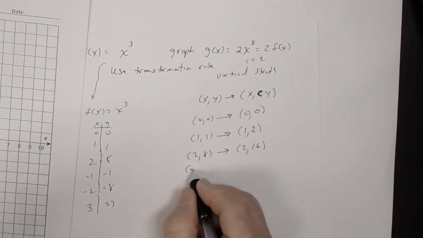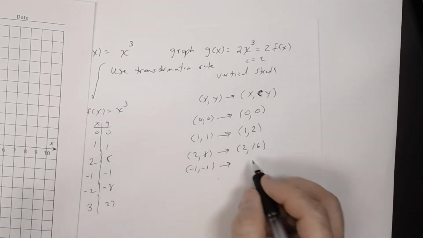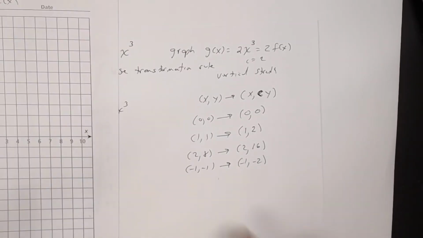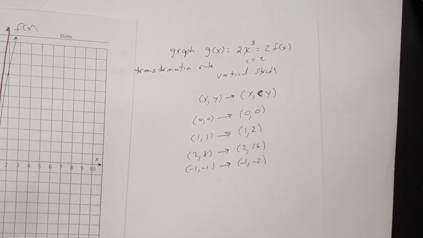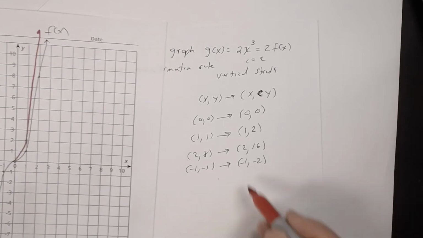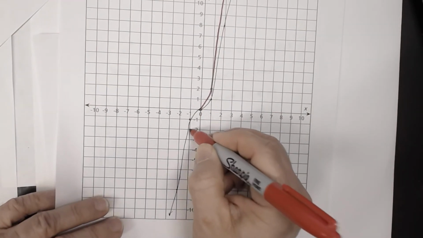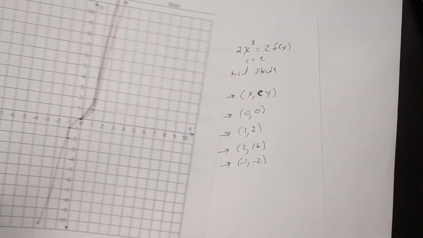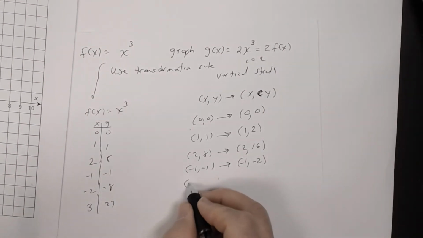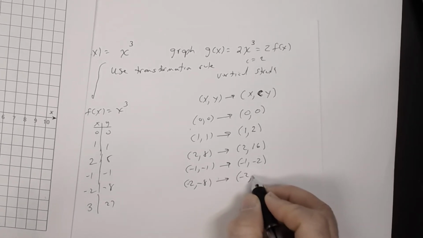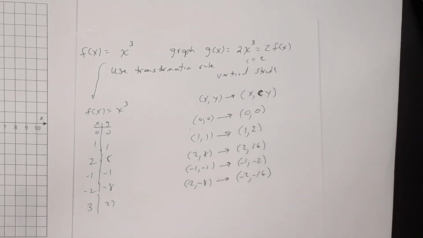And over here, if I do the next one, the point -1, -1 becomes what point? Well, it becomes the point -1, -2. So I multiply the y value by c, which is 2. -1 times 2 is -2. So -1, -2 is this right here. Okay? And then again, if I do -2, -8, it becomes the point -2, -16.